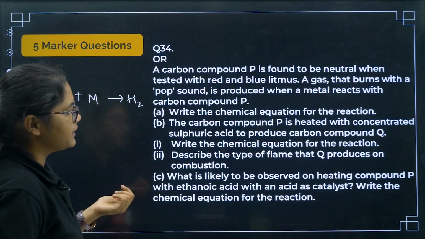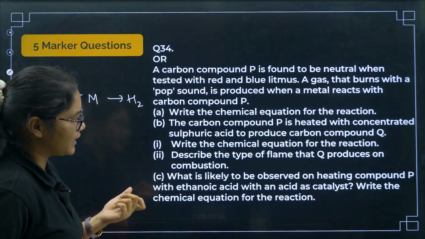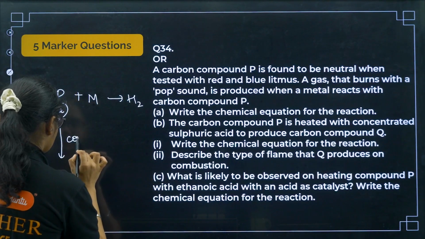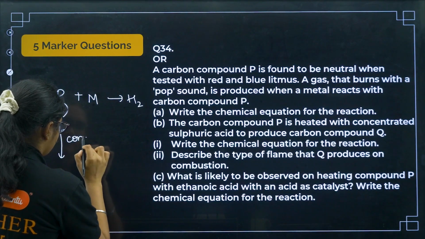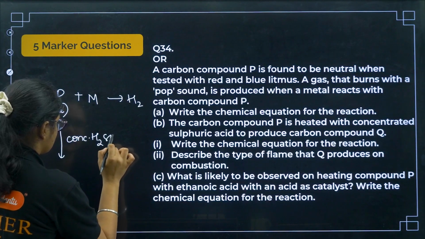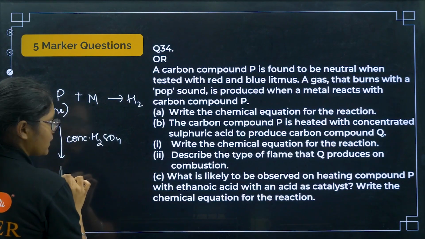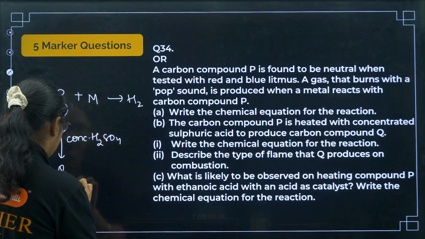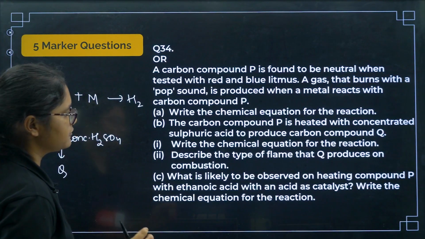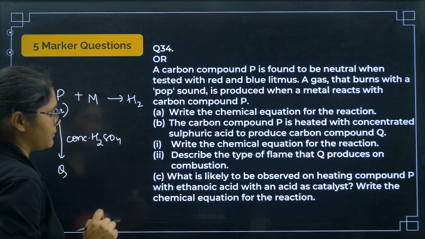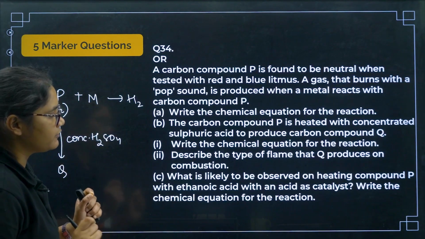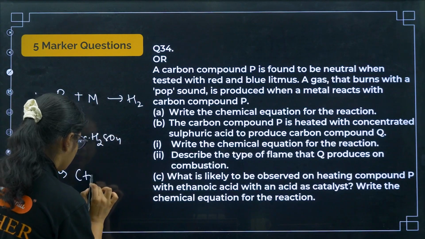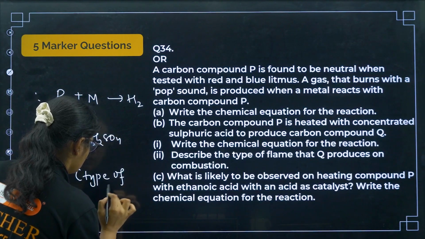The carbon compound P is heated with concentrated sulfuric acid to produce carbon compound Q. So with concentrated sulfuric acid, P gives you compound Q. Next, write the chemical equation for the reaction. So you have to write this P to Q chemical equation. Next, describe the type of flame that Q produces on combustion. So its type of flame is also asked of you.